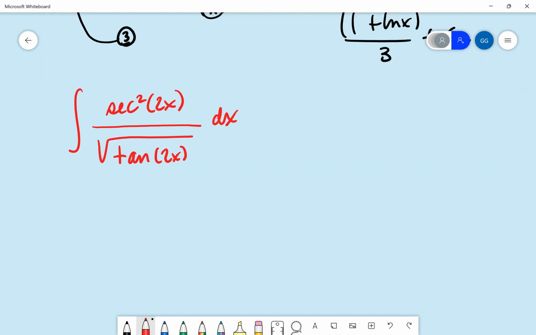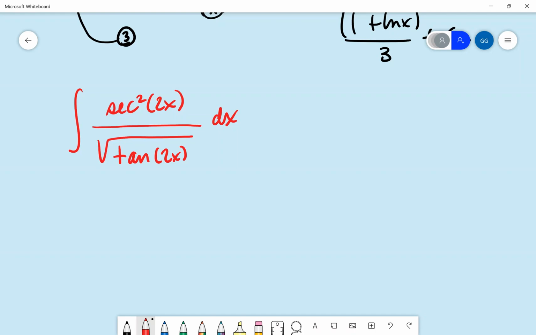Well, this time we've got two inside stuffs. We've got the secant being squared on the inside, and we've got the square root with the tangent being on the inside.